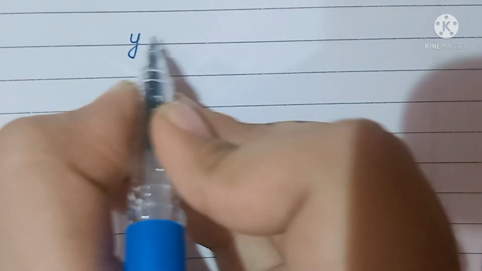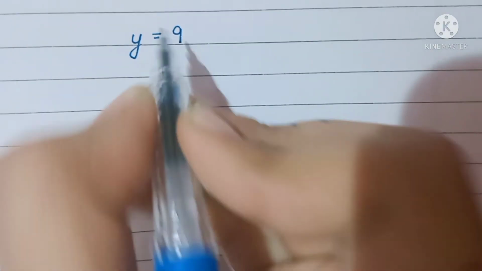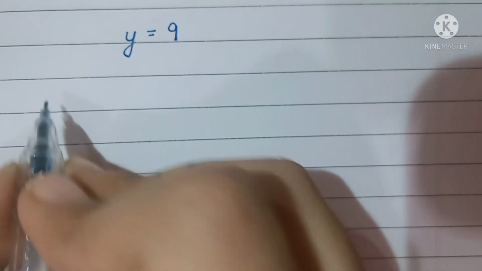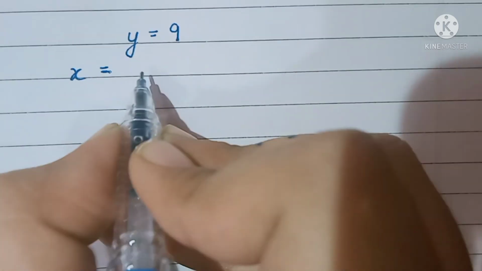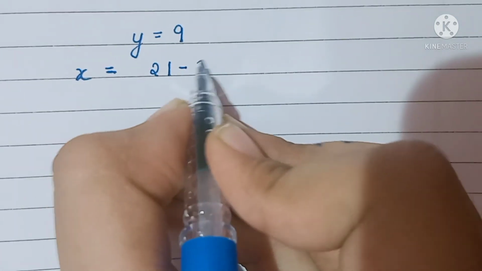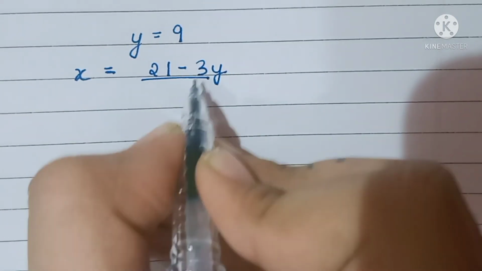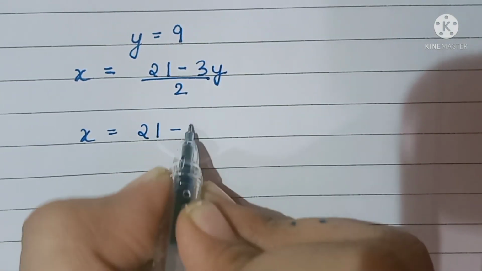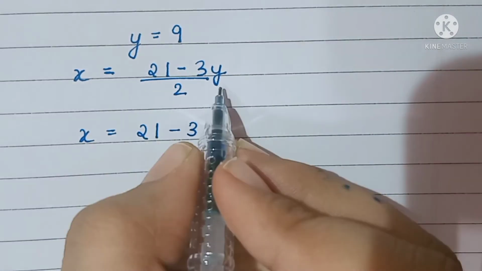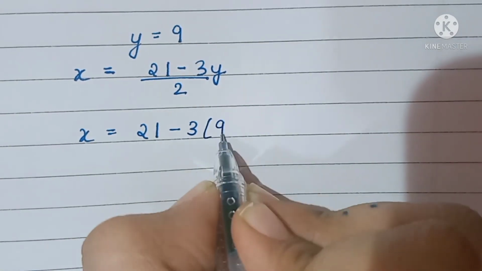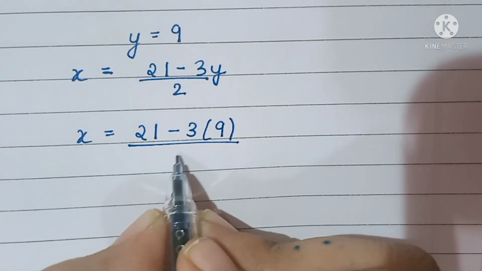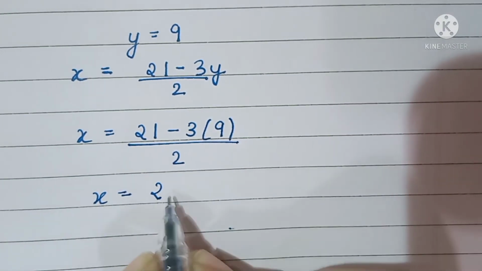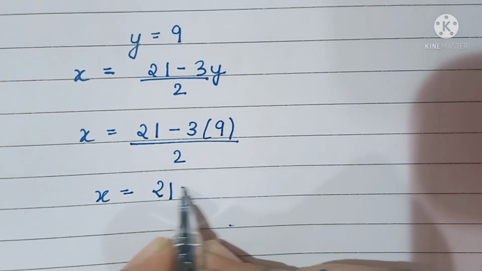Now we know the value of y. Value of y is 9. So now we can easily find the value of x. x is equal to (21 minus 3y) upon 2. So 21 minus 3, we will put 9 in place of y, upon 2. x is equal to 21, 3 nines are 27.